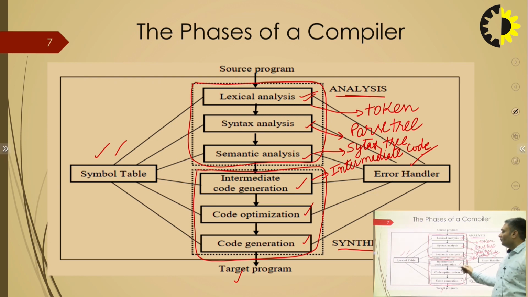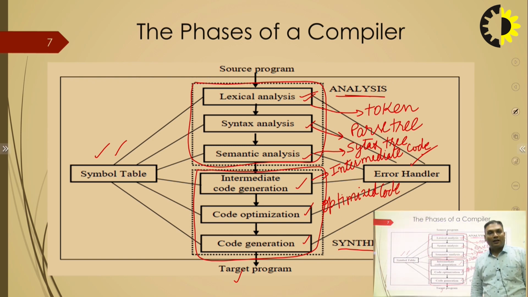Then this code can be further optimized with the help of code optimization. The optimized code is the output of this phase, and the code generator reads this optimized code and produces the target program. So in this way these 6 phases work, and each phase has a desired outcome.